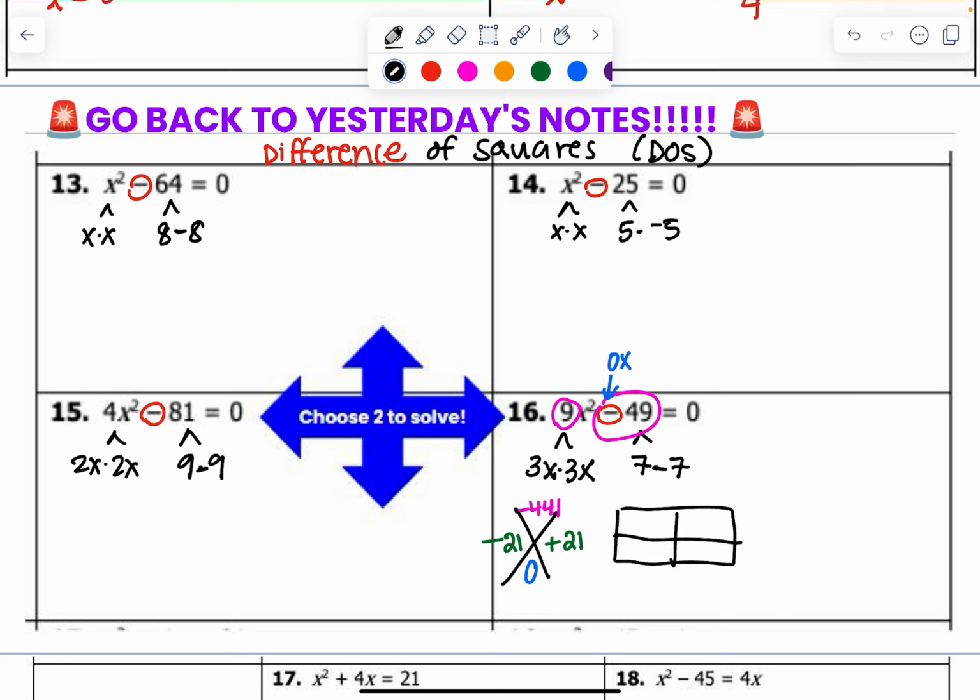Inside our box goes the first term, 9x squared in the first box. In the last box, minus 49. What I found from the X, negative 21x and positive 21x.